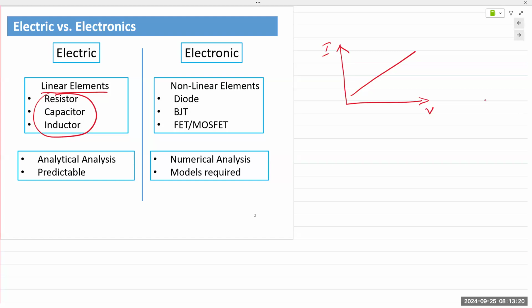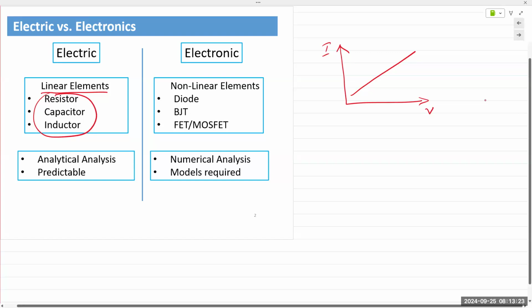The voltage and the current would not necessarily increase with an increase of the other quantity. That's what it means. So semiconductor devices are nonlinear elements because the V and I relationship is not linear.